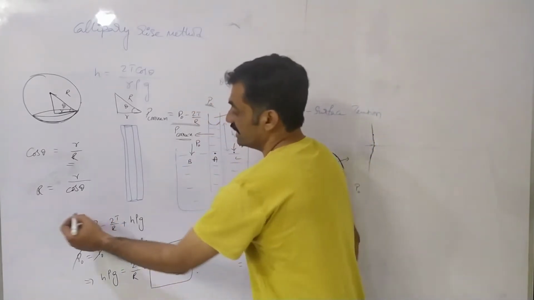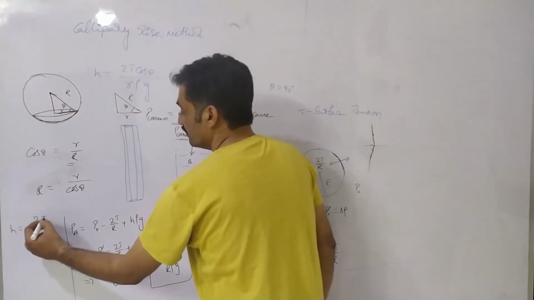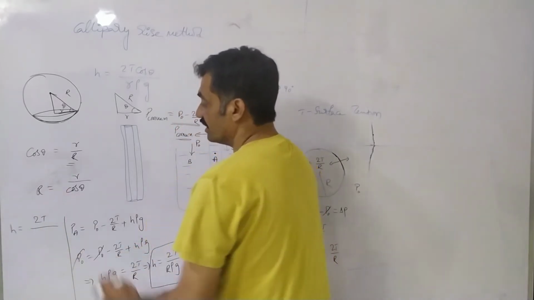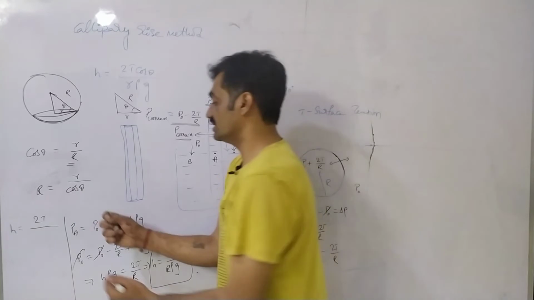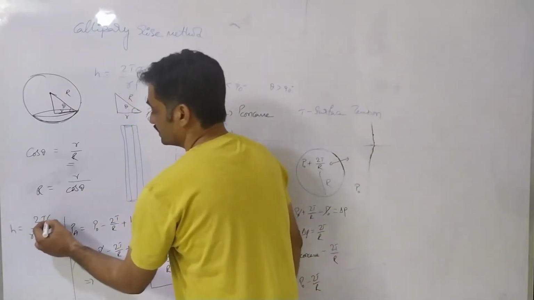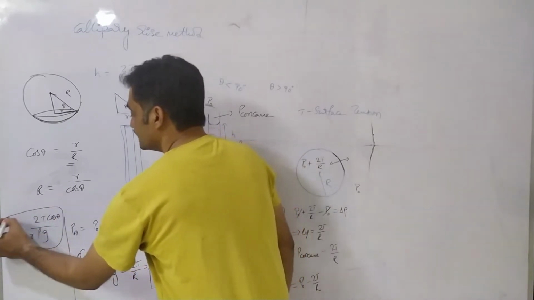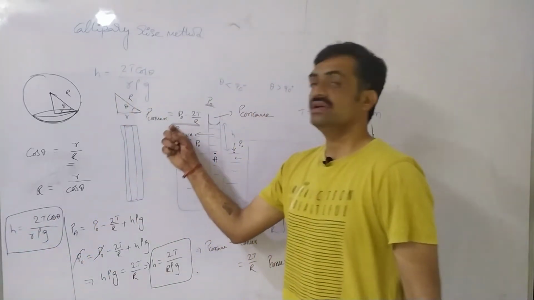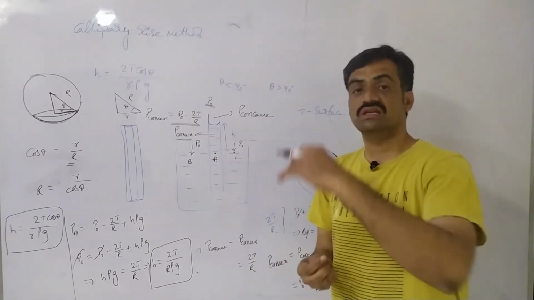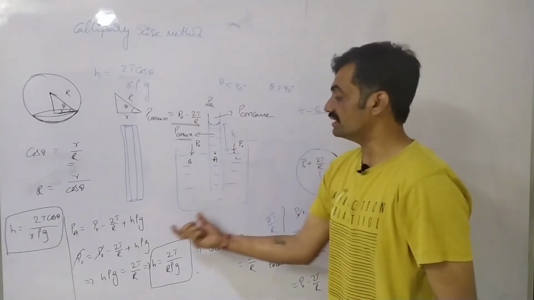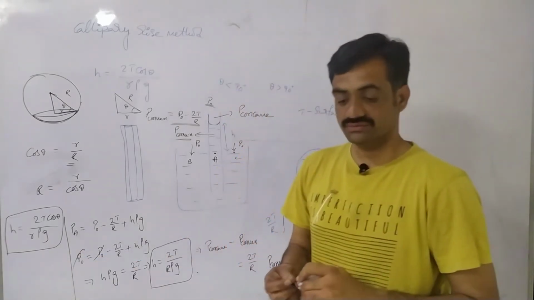So observe that H is equals to 2T by, observe that capital R equals to small r by cos theta. So it can be represented as 2T cos theta by r rho g. So this is the expression given for capillary tube when it is dipped in a liquid. Based on the liquid level risen or fallen, here we can represent this equation. Take a screenshot, we will continue.